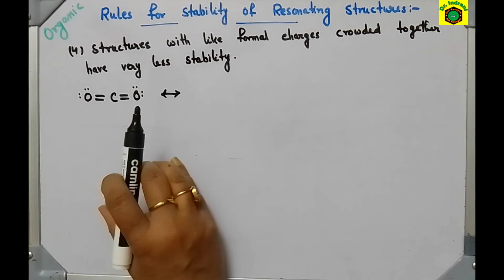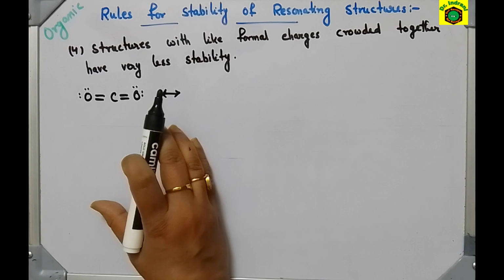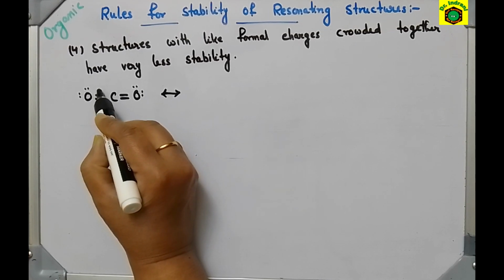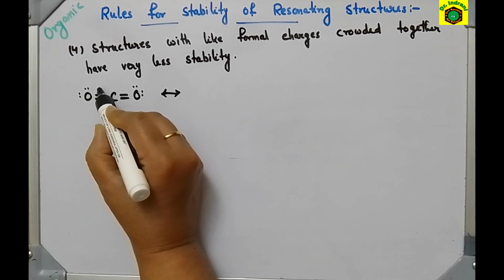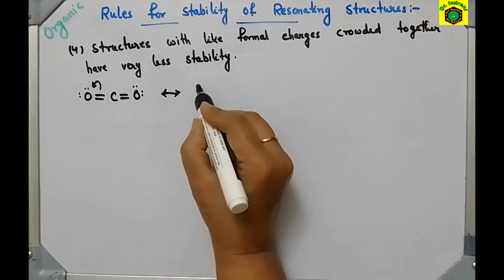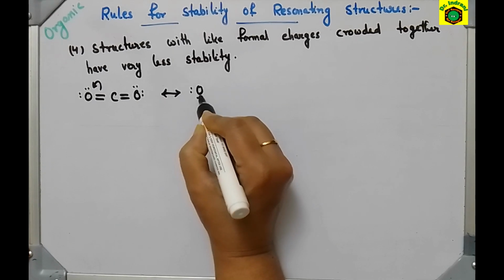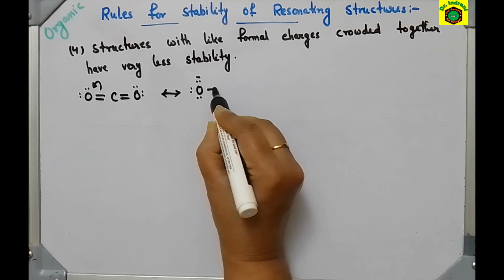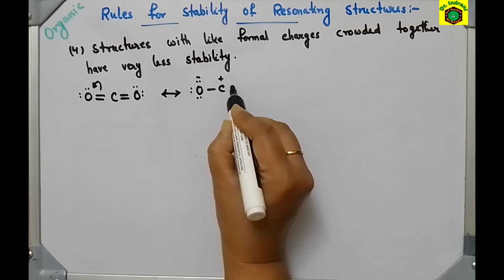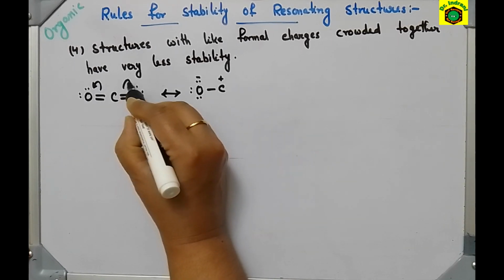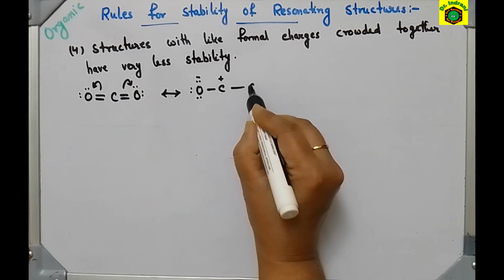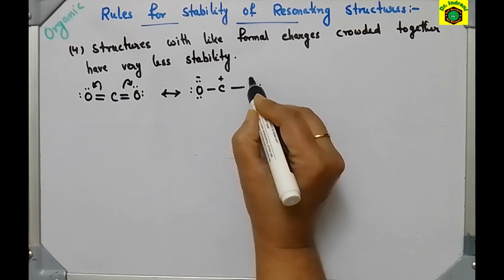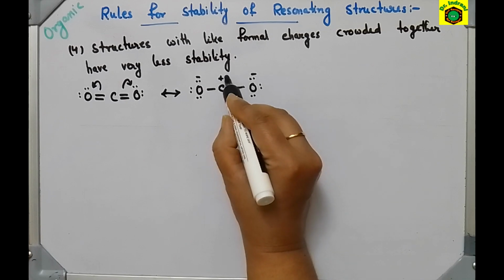Now, when we are writing the resonating structures of carbon dioxide, suppose we are cleaving this pi bond. When we are cleaving this pi bond, what is happening here? This part and here, this thing we are getting. And if we are also cleaving this, what will happen? Here also we will get this one and plus.